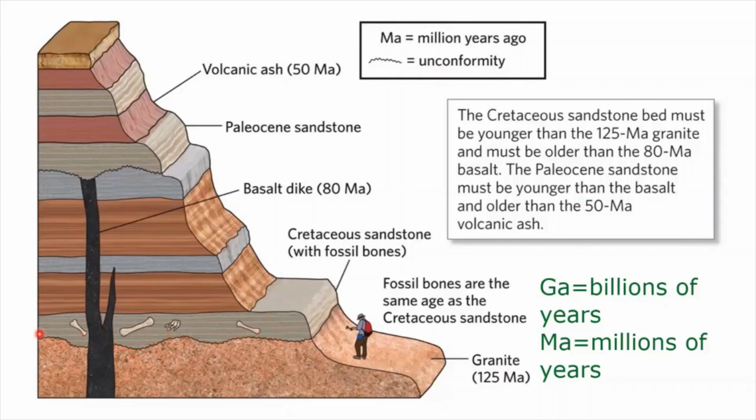This is called a nonconformity because there's igneous rocks below the erosion feature. And so this tells us that it had to be uplifted to the Earth's surface to be eroded and scoured like that. Okay, so there has to be some type of gap in the geologic record. Then we have a Cretaceous sandstone with fossil bones, and paleontologists for a very long time have been using those to apply those fossil succession rules.